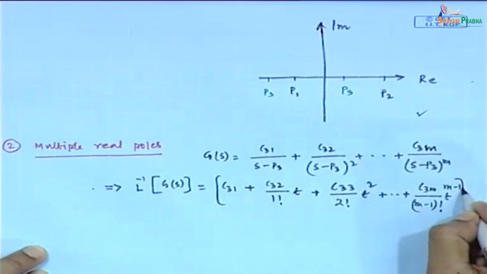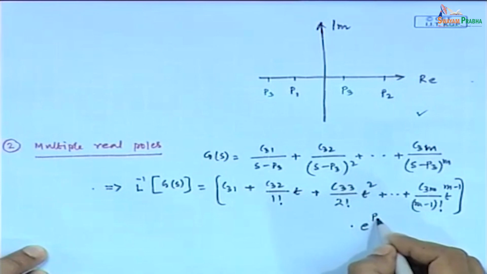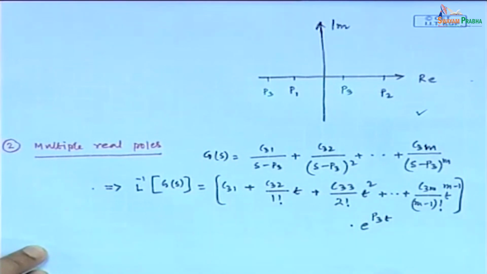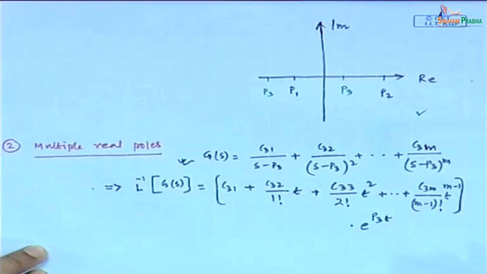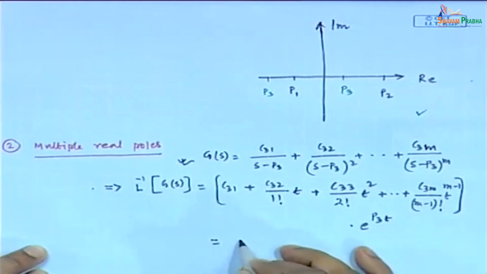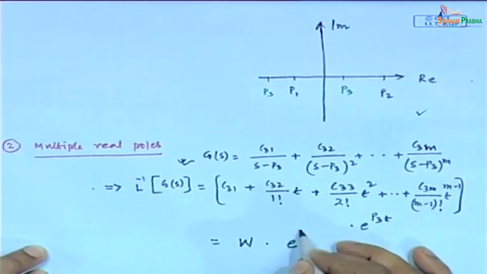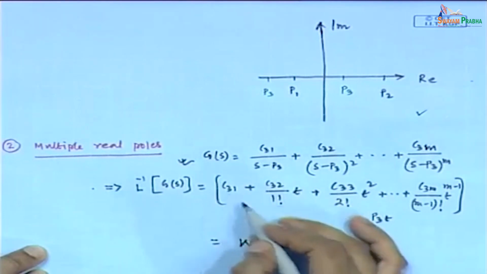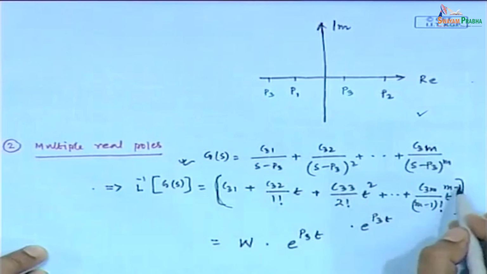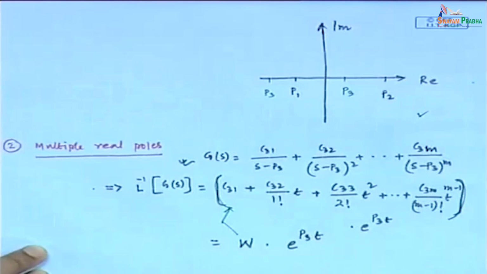This will be multiplied with exponential of P3t. If we take the inverse Laplace transform of this transfer function, we get this. Suppose I am writing this as W multiplied by e to the power P3t. I mean this whole part we are representing by W.